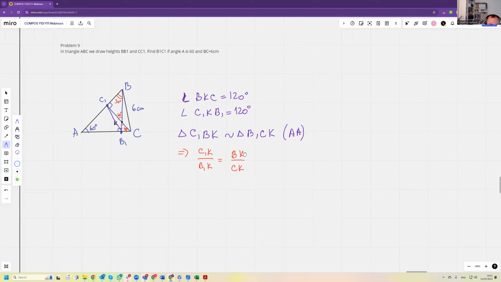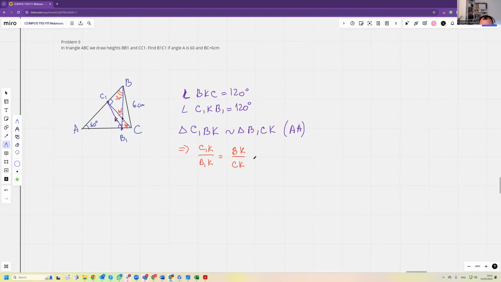Interesting. And that means, so consider triangle B1C1K and triangle CBK.